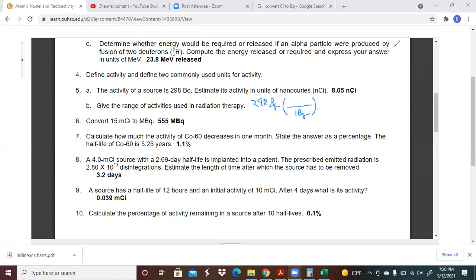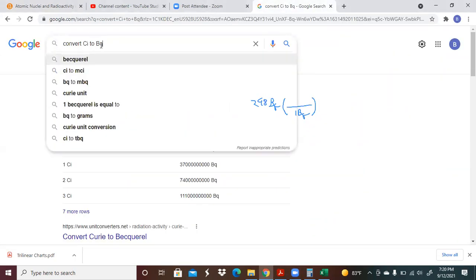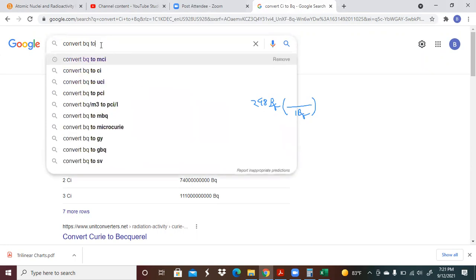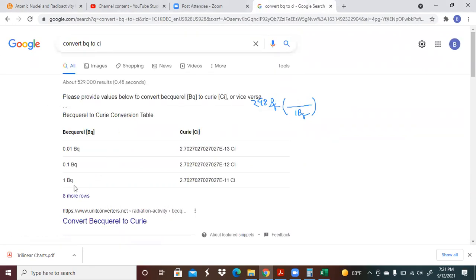Well, as it turns out, Google is a wonderful thing. If you ever forget anything like that, you can type it in. So 1 becquerel is this number of curies.